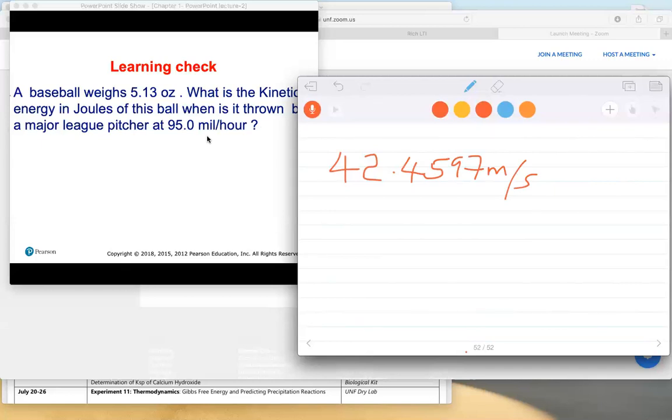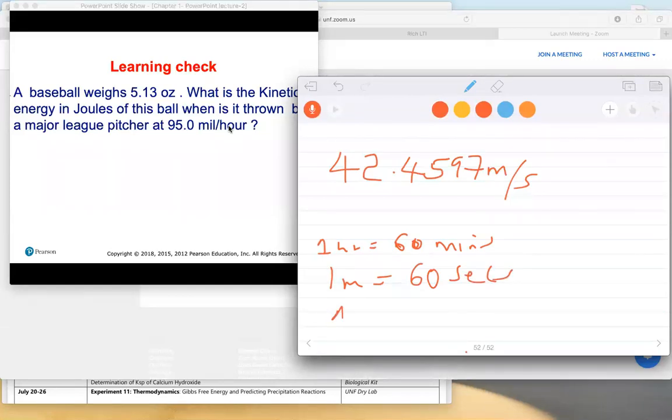Yes, Crystal, the number below is because it was per hour. If you see this per hour, 1 hour equals to 60 what? 60 minutes, and this is 60 seconds.